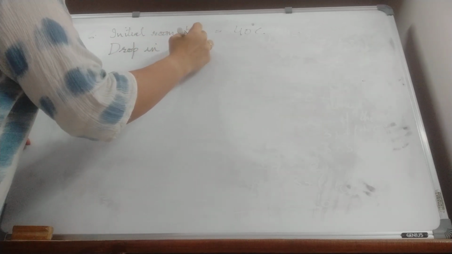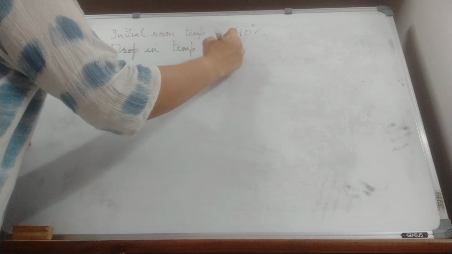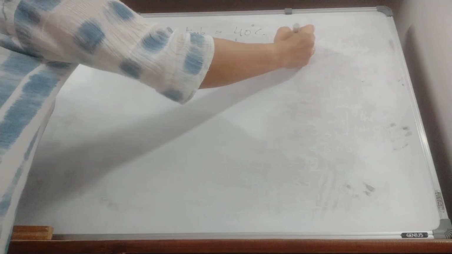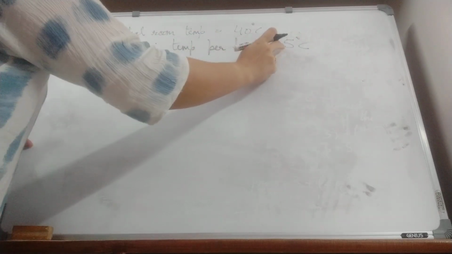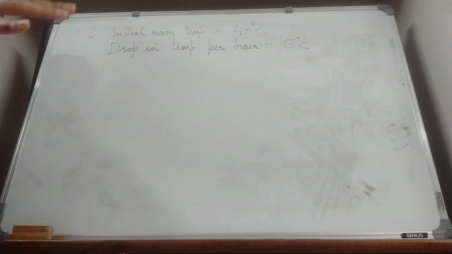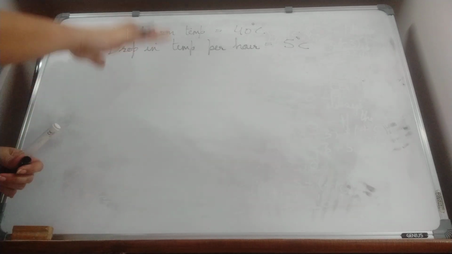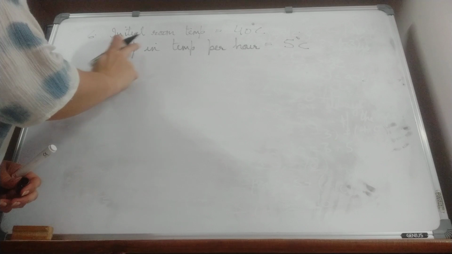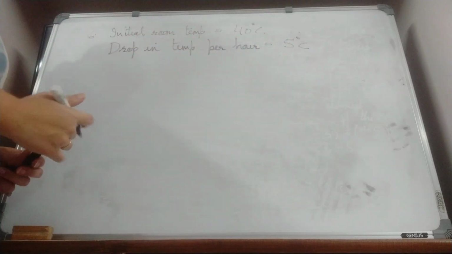Now, after that we have drop in temperature per hour. Please understand, the drop is 5 degrees Celsius. We are not going to write -5 here. The drop means it is going down, so we will finally subtract. So drop in temperature per hour is 5 degrees Celsius.